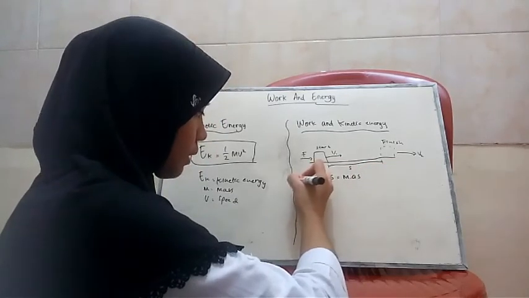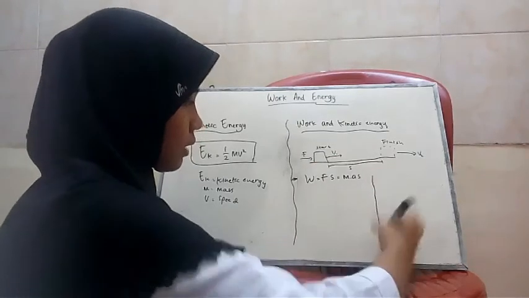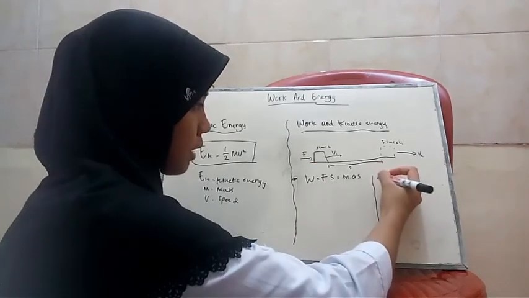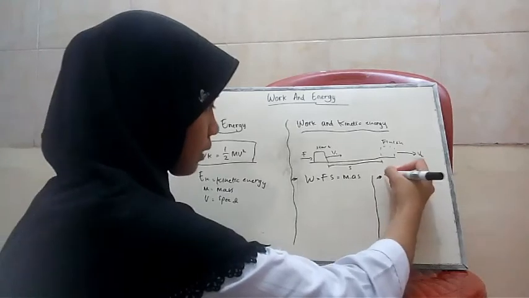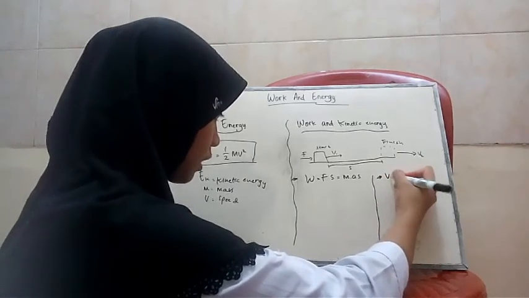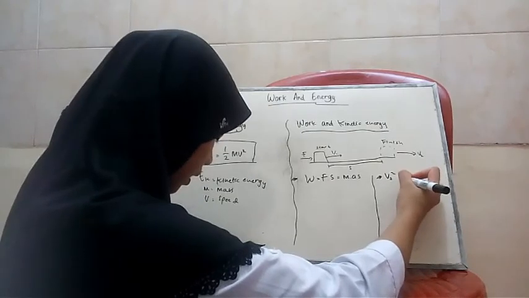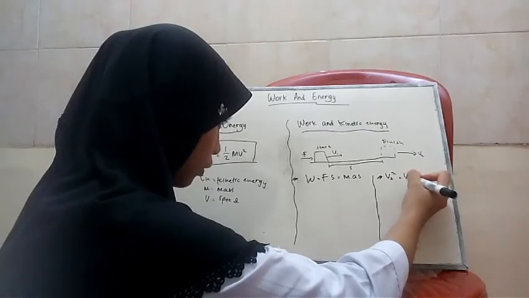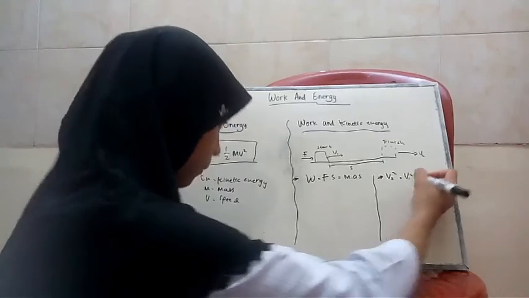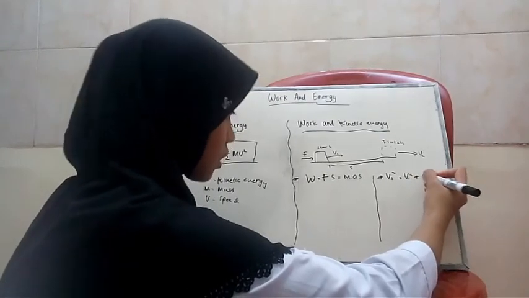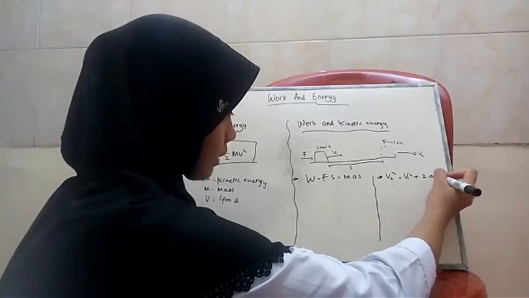This is the first, and there is a second. The second is V2 square equals V1 square plus 2AS.